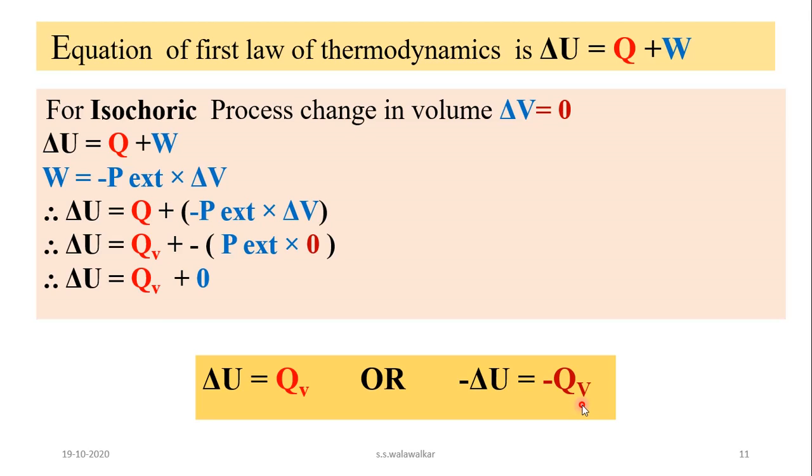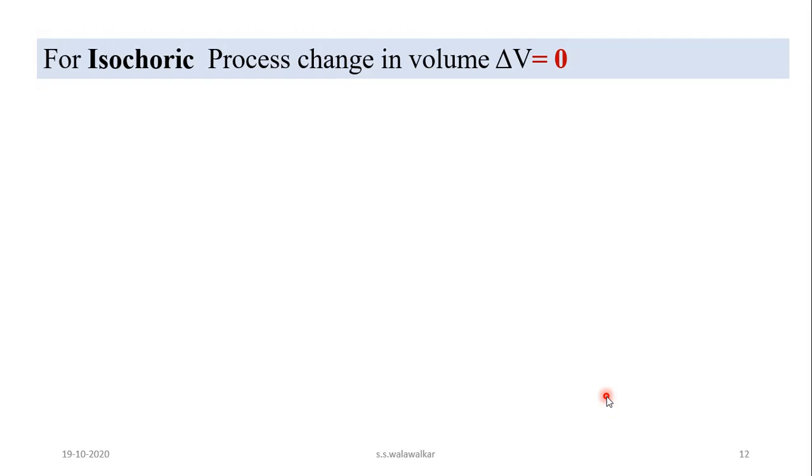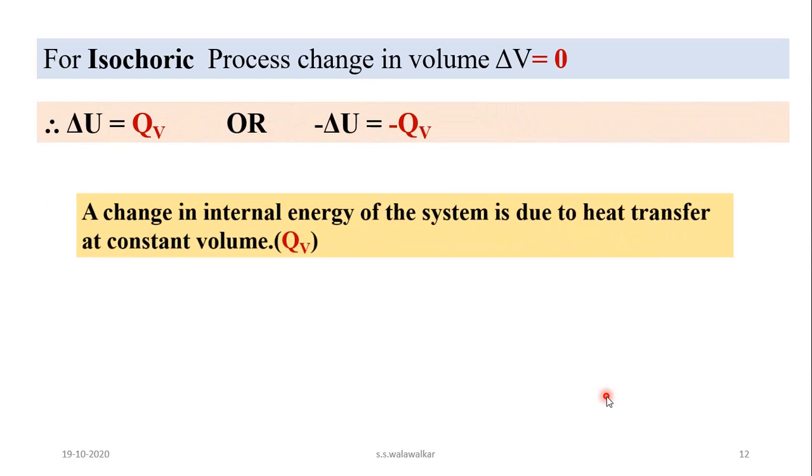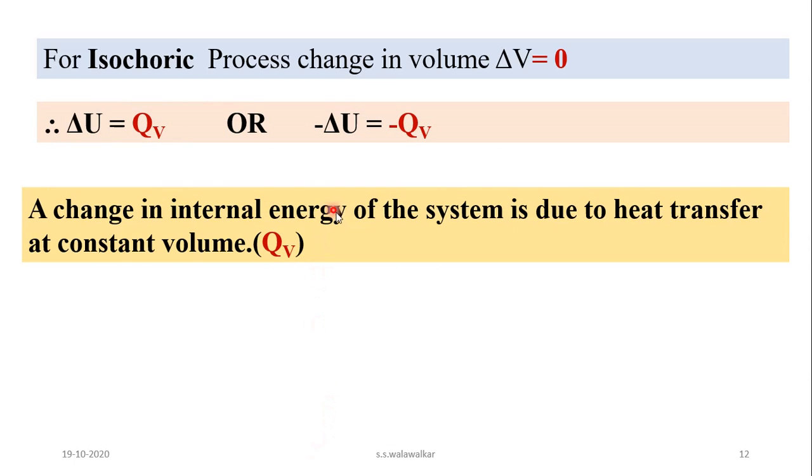This is for isochoric process, where QV means heat supplied to the system at constant volume, or minus QV means heat released from the system at constant volume. So for isochoric process, a change in internal energy of the system is due to heat transfer at constant volume.